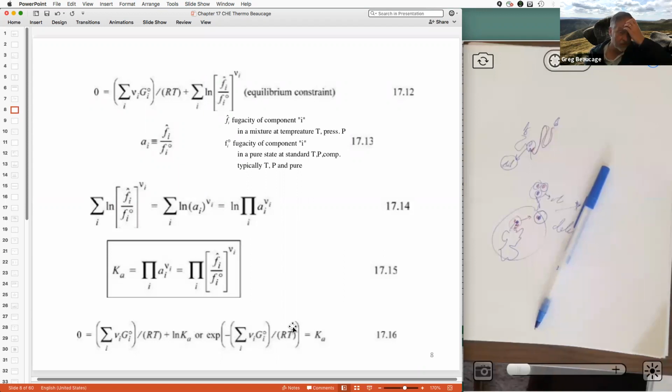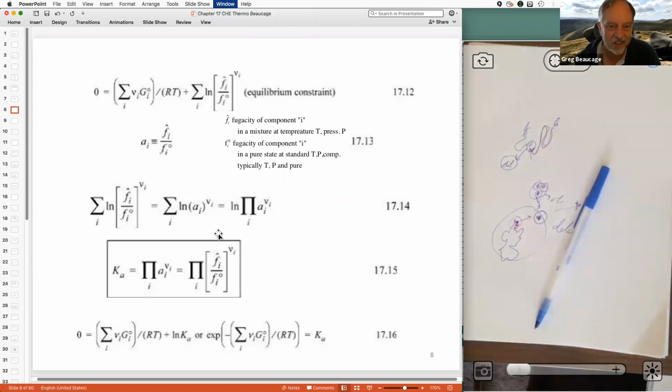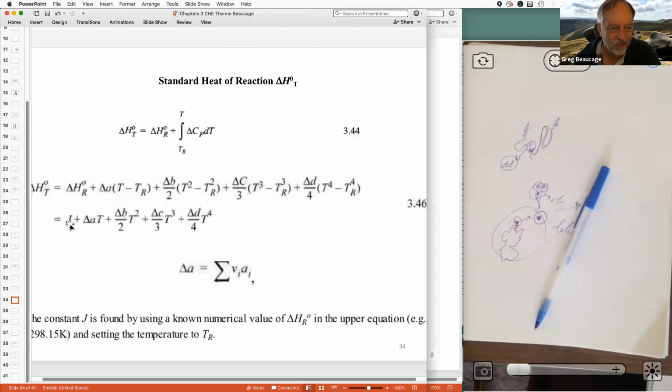So all this leads to the final result that you're going to have almost the same thing that you had from chapter 3. We end up with this constant J that has to do with the 298 K, 1 atmosphere value for the heat of reaction, and whatever the heat capacity numbers are.